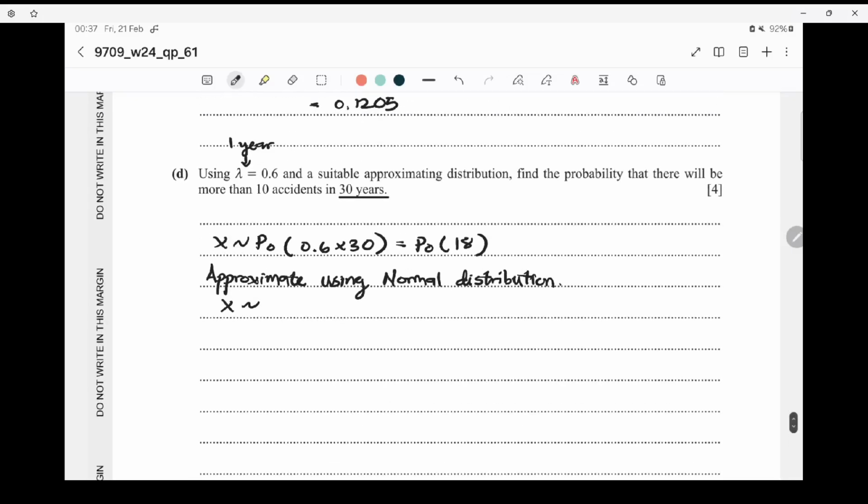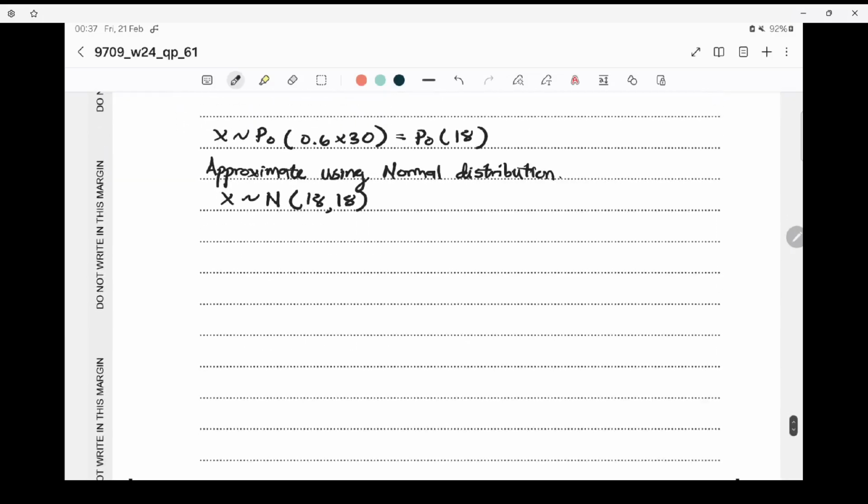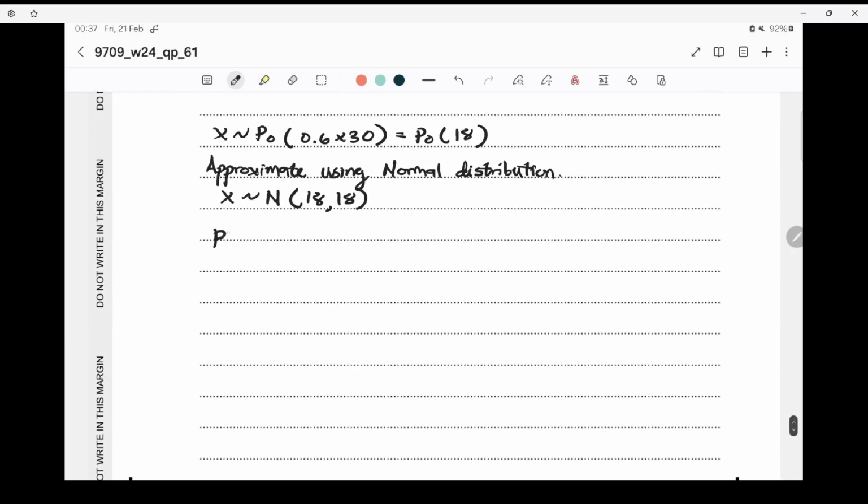Because this is a discrete random variable approximated to normal, which is a continuous random variable, remember when you calculate your probability later on, you have to account for the continuity correction. So this is a normal distribution, 18, 18. You need to find the probability of more than 10. There's no equal sign.